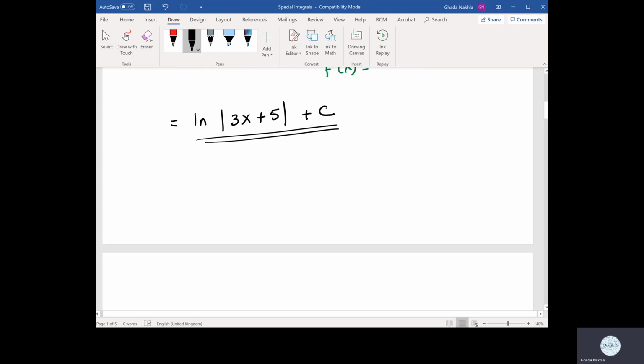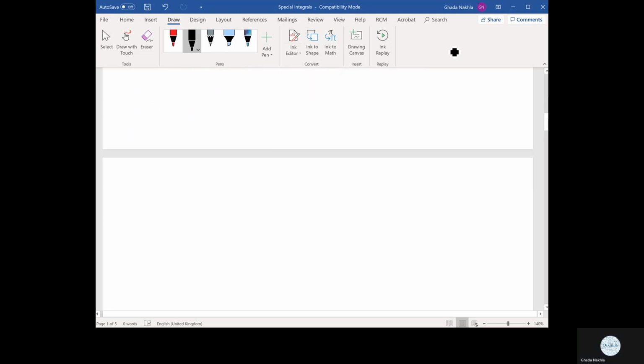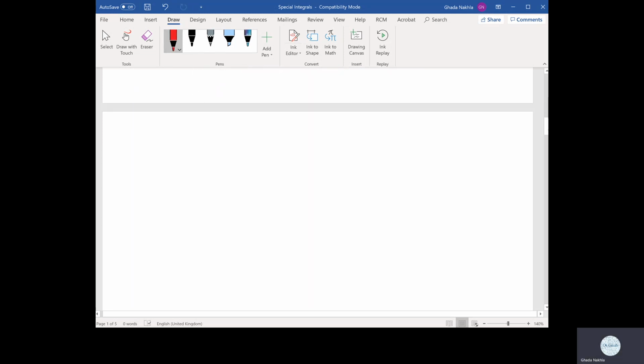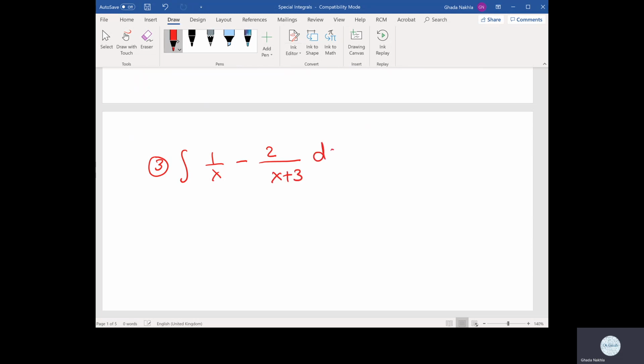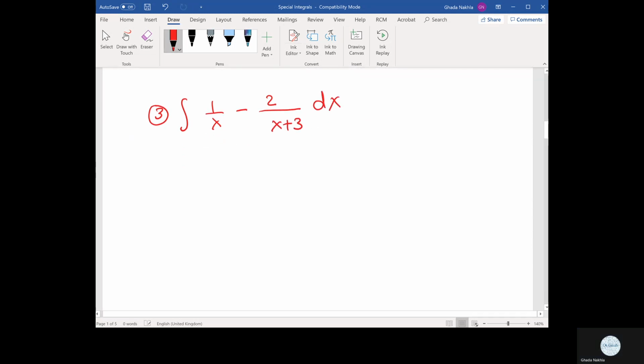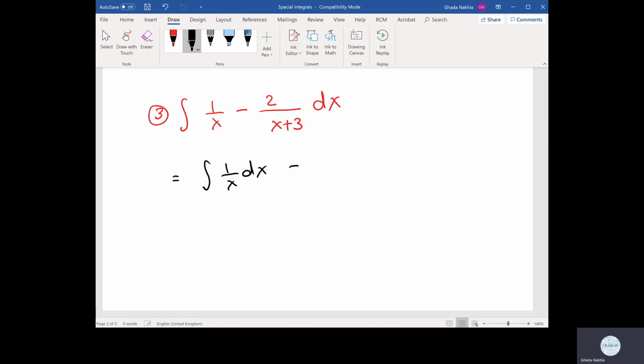Okay, let's take a look at something slightly different. We're on question 3 now, and I want to integrate 1 over x minus 2 over x plus 3 dx. This is the same as integrating 1 over x dx minus the integration of 2 over x plus 3 dx.